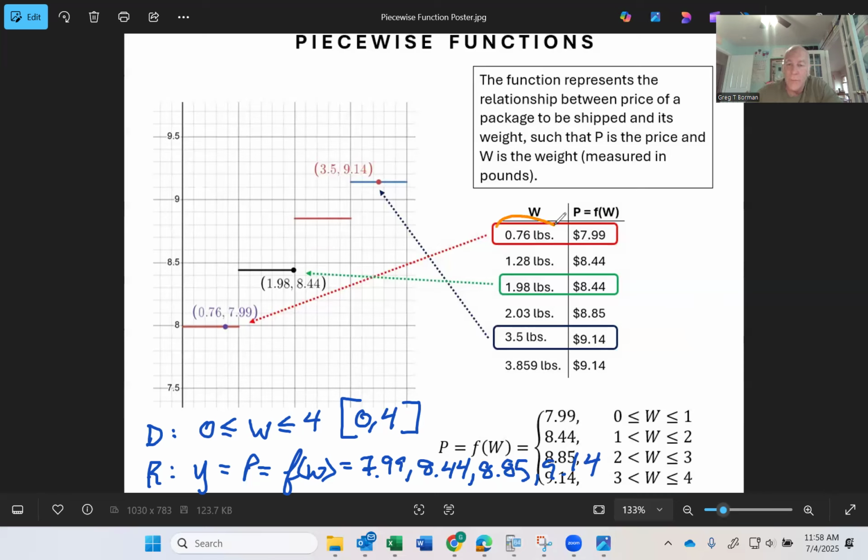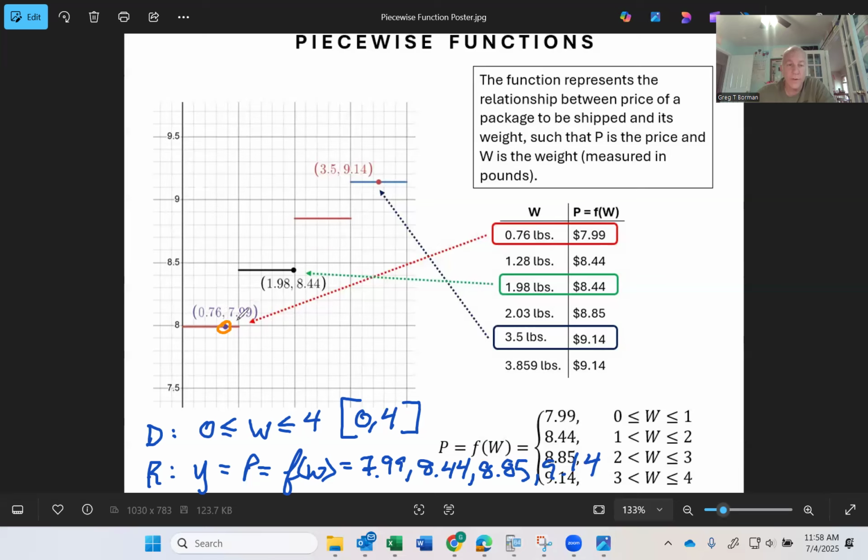But we can also represent that on the graph. Notice this point right here is 0.76 for the x or weight value, and 7.99 for the y or price value. So that point means if you have a 0.76 pound package, it's going to cost $7.99 to ship.